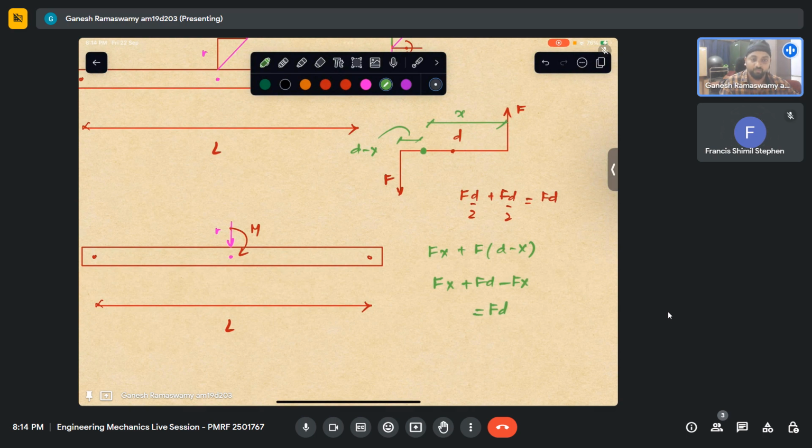It is irrelevant which point I take the moment about. Once there is an equal and opposite force separated by a distance d, I can put it anywhere and it will have the same effect. If I take x to be d, it is the same thing. If I take x to be anything between these two, it will come out to be the same.